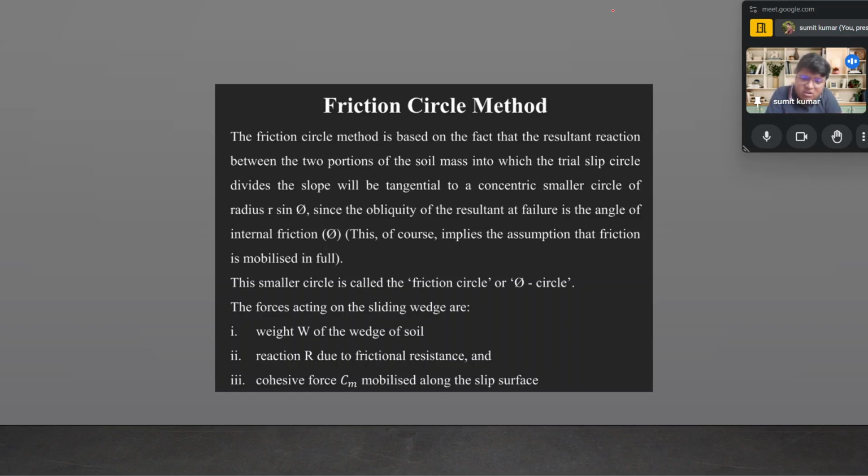The radius is r sin phi because the obliquity of the resultant at failure is the angle of internal friction phi. This of course implies the assumption that the friction is mobilized in full, and the smaller circle is called the friction circle or the phi circle. The forces acting on the sliding wedge are first the weight W of the wedge of soil, second the reaction due to frictional resistance, and then the cohesive force Cm mobilized along the slip surface.